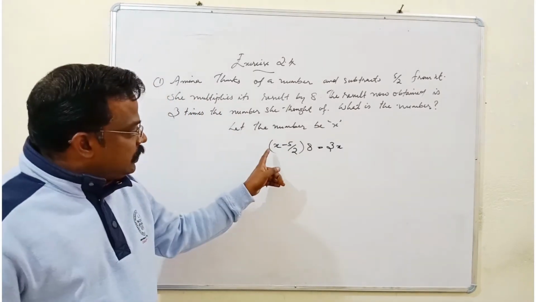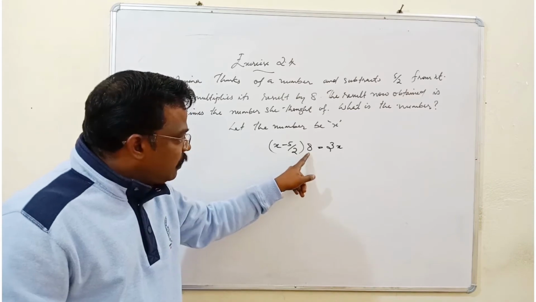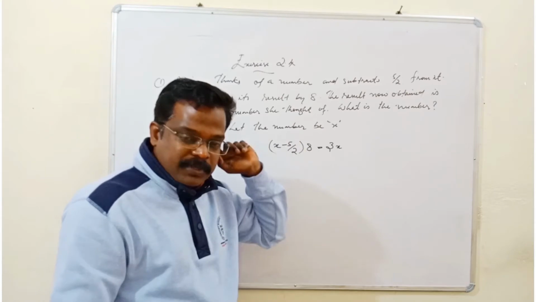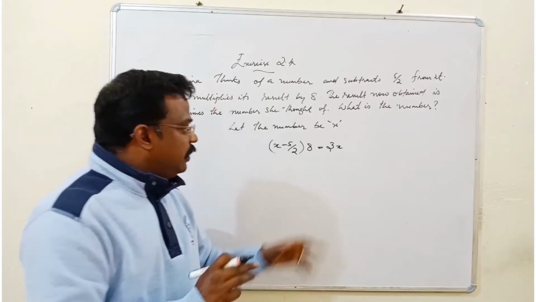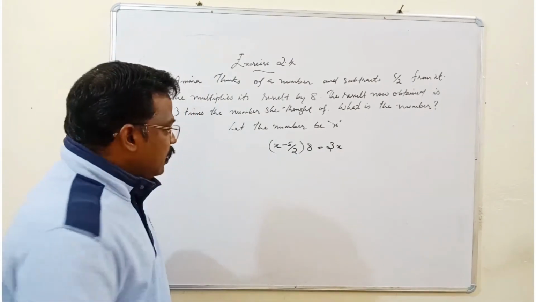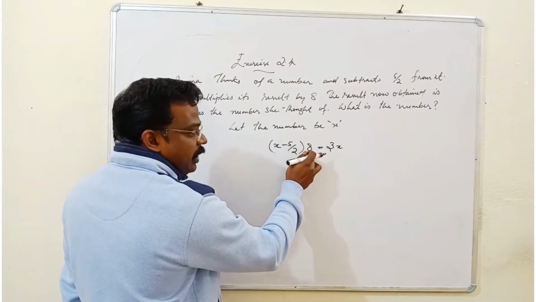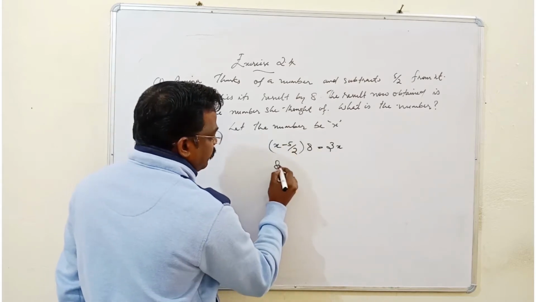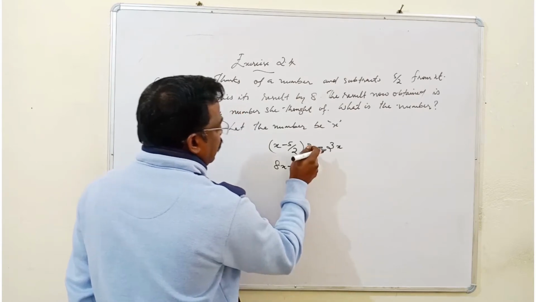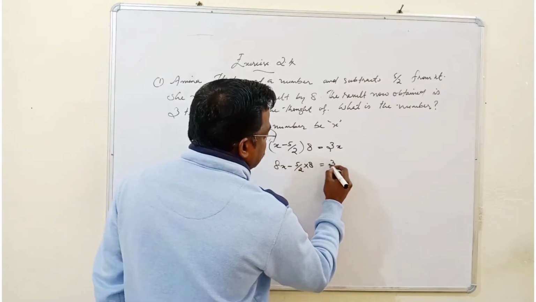You got it? So first she subtracted 5 by 2 from the number and multiplied that by 8. The result that she got is 3 times the number she thought of. That is the equation we have to form from this relation. Okay, so here we have to multiply both sides by 8. 8 into x, 8x, minus 5 by 2 into 8. 8 into x and 8 into 5 by 2 equals 3x.